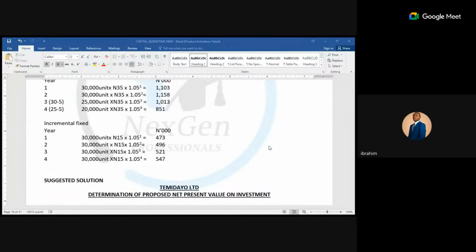You pay in the first year of the project 30,000. Now, as a project finance officer, you are thinking ahead that inflation could be 19.8% or 16% at the end of December. Okay, I need to increase this by 16 point something percent.